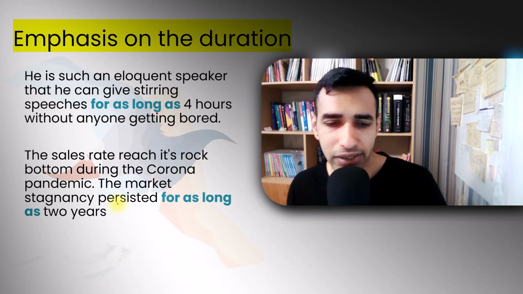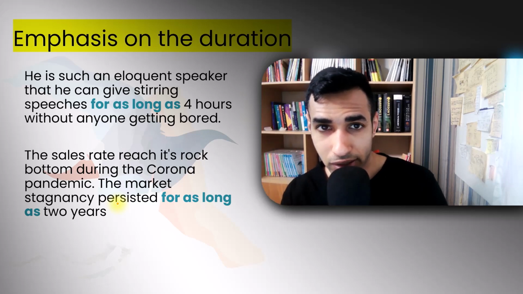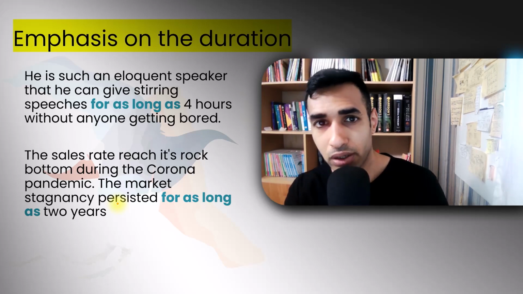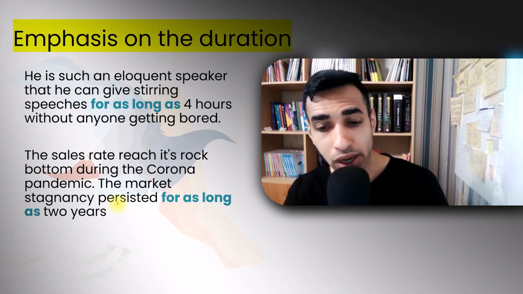The market stagnancy persisted for as long as 2 years. Well, the corona and the bad situation of market stayed the same way, remained the same way for as long as 2 years. Emphasis on the duration of 2 years.